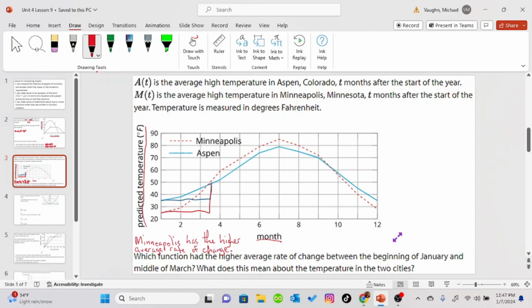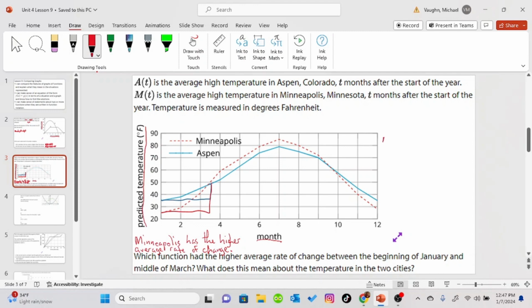You can see this in the graph itself. Minneapolis starts and ends the year colder, but it has a warmer summer. Aspen has a more consistent temperature because it doesn't change as much.